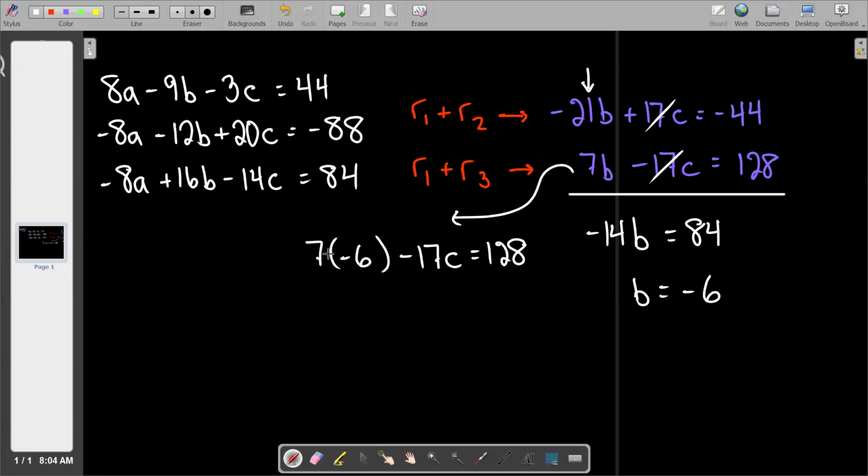And then we just have to do some very simple math at this point, right? That's not to say that it always goes perfect, but it should be pretty simple for us. Okay. So what is 7 times -6? -42. Perfect. And then how do we solve?